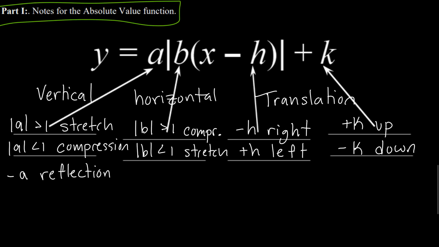It's a reflection and twice as stretch. It's a vertical stretch. Make sure you're using that vertical word. So it's a vertical reflection and a vertical stretch. Any questions on this? Okay. So, pause.